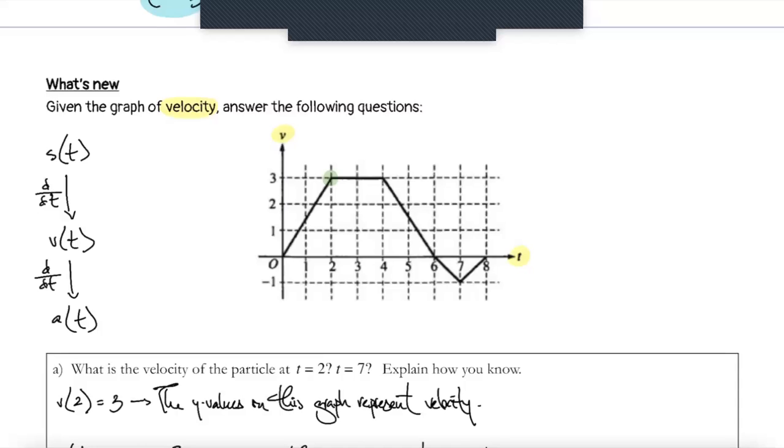Quick question to get you thinking about next week. Let's say I had acceleration and I undid the derivative. What would I end up with? Well, I would have velocity. Okay. Let's say I had velocity and I undid the derivative. One might even call that an antiderivative. What would I get? I would end up with position.